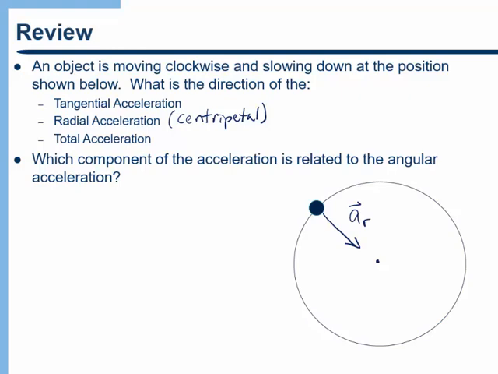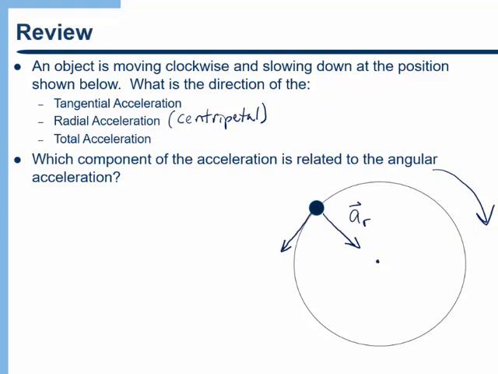However, in this case, you'll notice not only is our object going in a circle, but its speed is changing. It's slowing down. We're told the object is going clockwise, so it's going around the circle in that direction. If it's slowing down, then there must be a component of the acceleration opposite the direction of motion. And in that case, that direction would be this way.